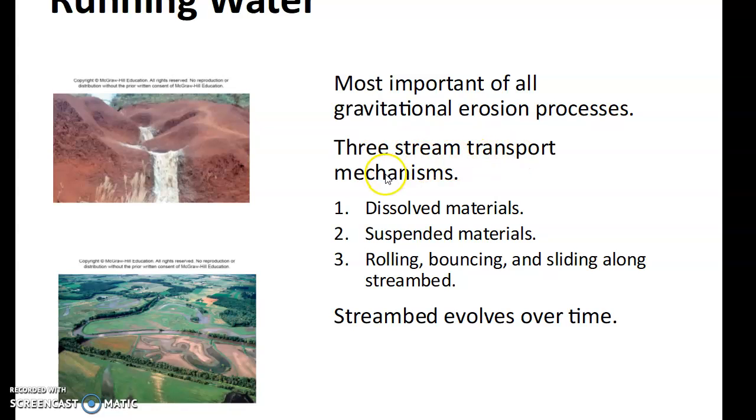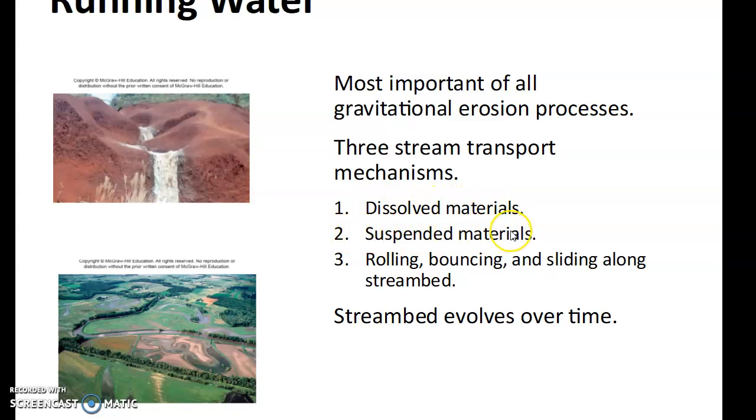There are three stream transport mechanisms. When water is going over a waterfall or down through a river, it's got dissolved material in it, and a lot of that dissolved material comes from the rocks and from the organic material.